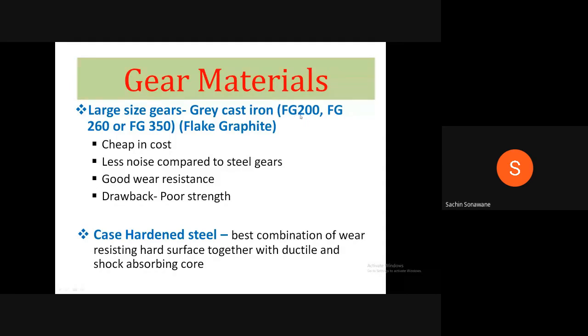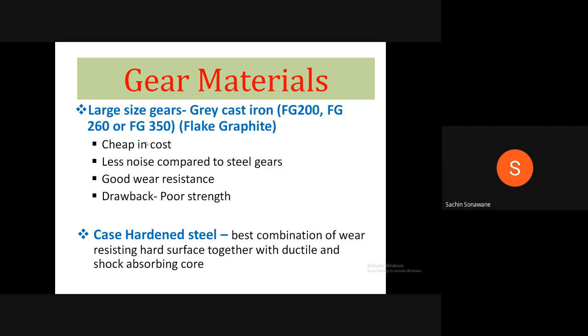Therefore, FG 200 means that the material has a yield strength of 200 Newton per mm square. Similarly, FG 260 means it has a yield strength of 260 Newton per mm square, and FG 350 has a yield strength of 350 Newton per mm square.